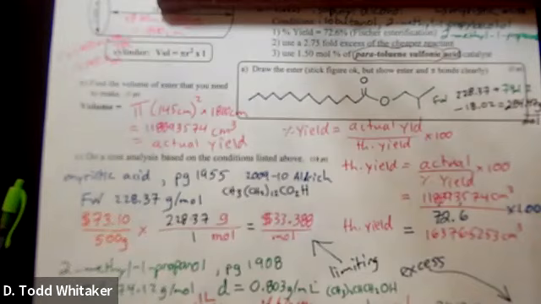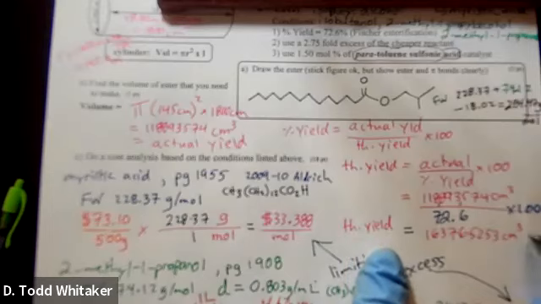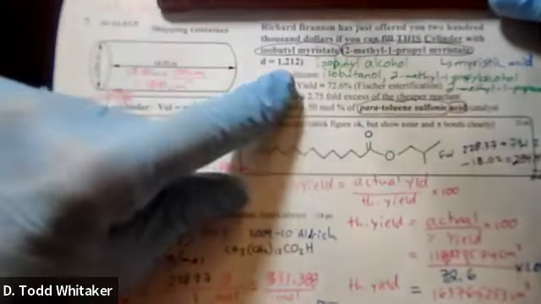Because now you can convert your theoretical yield to moles. If you're going to talk chemistry, you always have to talk moles. So here's your theoretical yield. I'm going to multiply it by the density. I can't see it. It's on the top of the page. 1.212. I don't know if you, yeah, you can see that.